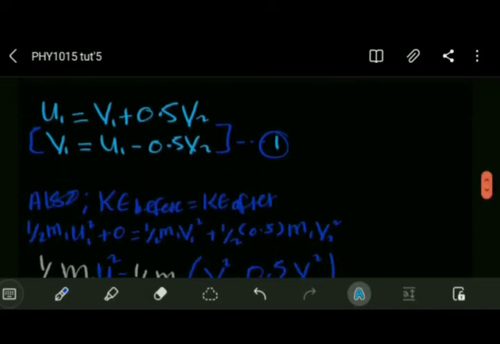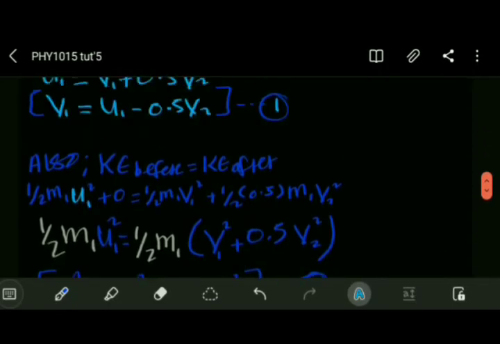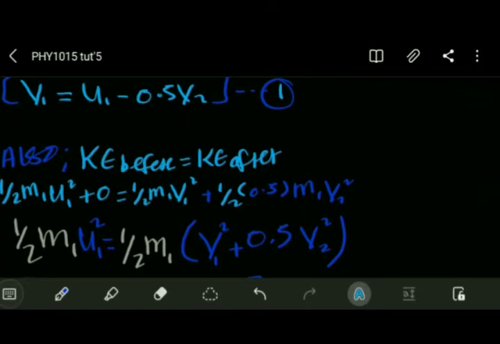From here we consider the conservation of kinetic energy for the whole system. Kinetic energy before should equal kinetic energy after. Before, we have half m1 u1 squared plus 0, because block 2 was at rest, so there's no kinetic energy there. This equals the final kinetic energy, half m1 v1 squared plus half times 0.5 m1 times v2 squared, because m2 is simply m1 over 2.